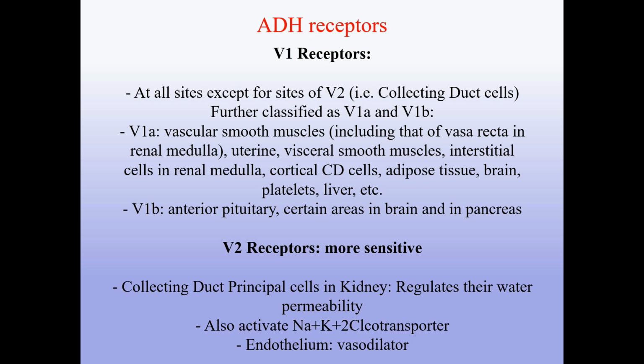V2 receptors are more sensitive. Collecting duct principal cells in kidney regulate their water permeability, also activate sodium-potassium 2 chloride cotransporter, endothelium vasodilator.